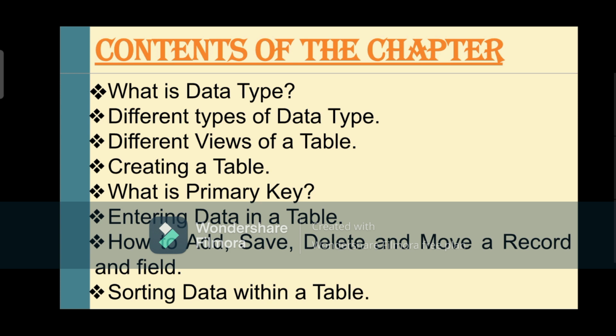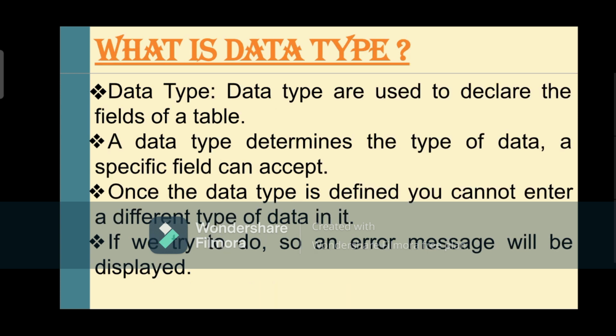Okay students, so very first we have to discuss the first topic of this chapter, what is data type. I explained already, data types are used to declare the fields of a table. A particular data type determines the type of data a specific field can accept, means each and every particular field has its own data type.